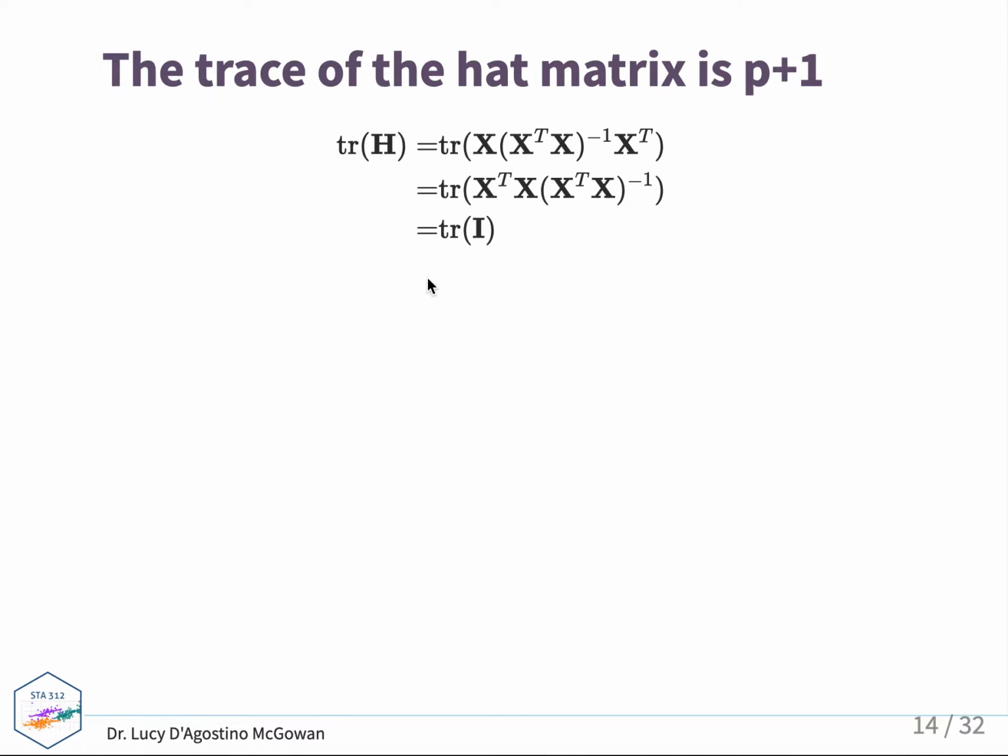The reason this is important is because I is the easiest matrix to take a trace of. If you remember what I is, it's just a matrix with all zeros on the off diagonals and 1s on the diagonals. So the trace of the identity matrix is always just the sum of that diagonal, which, because those are all 1s, will be equal to the dimensions.